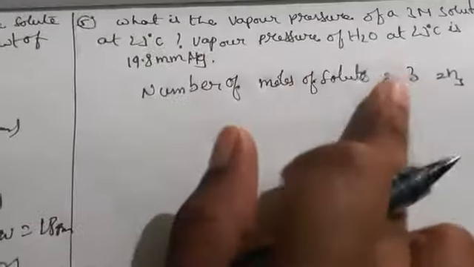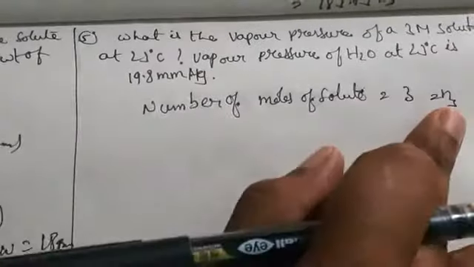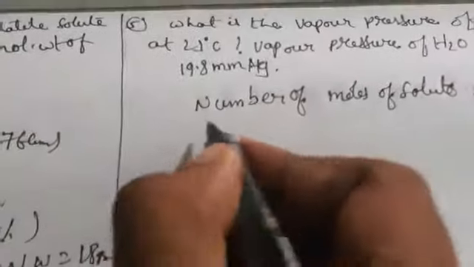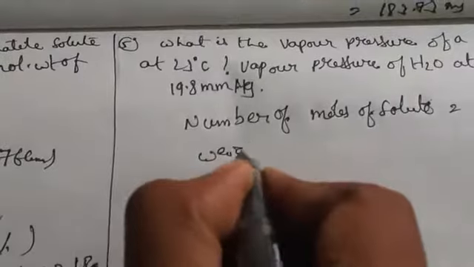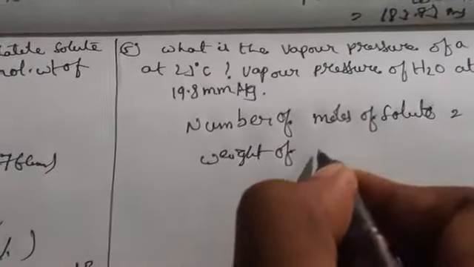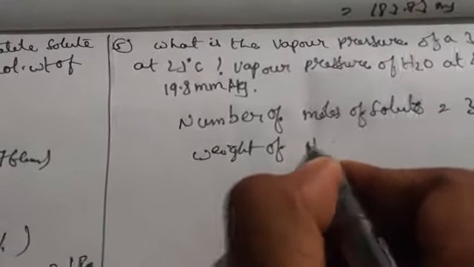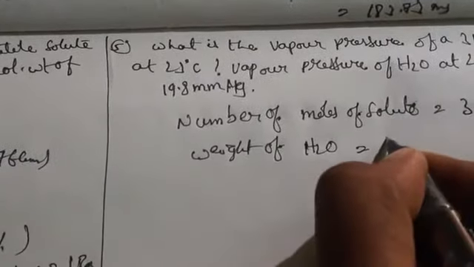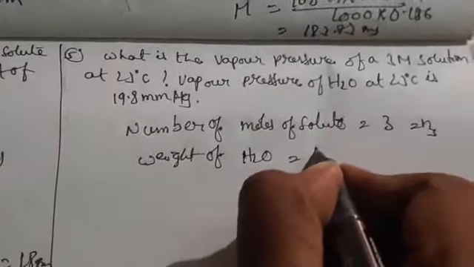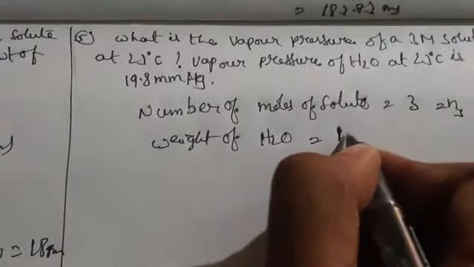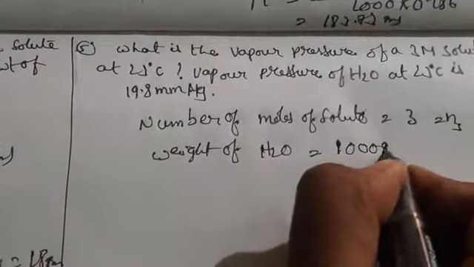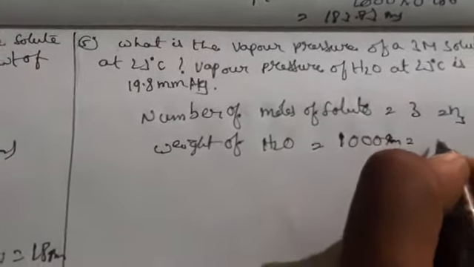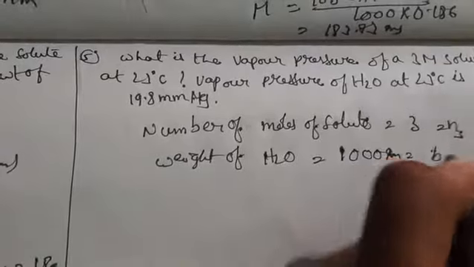The weight of water is 1000 grams, that is B grams.